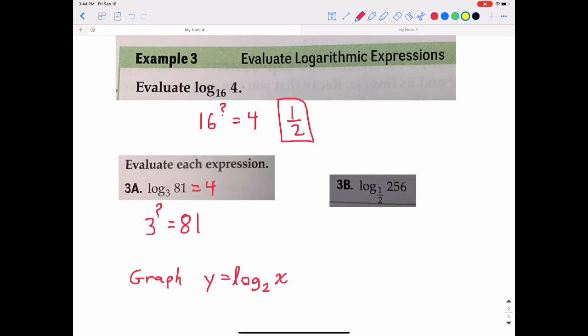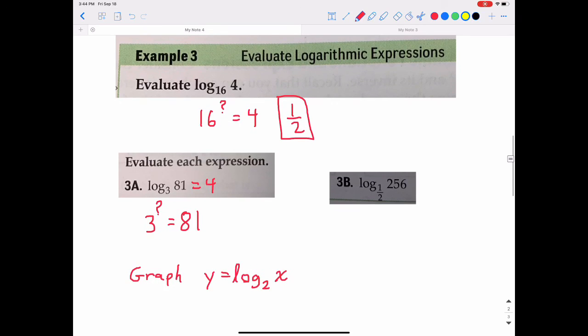In 3b, it says log base 1/2 of 256. So what question would you be trying to answer? 1/2 to what power equals 256? Well, that might take some thinking. How can you get from a half base to 256?